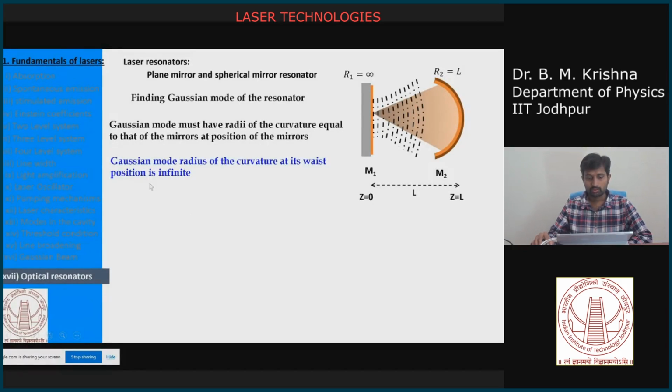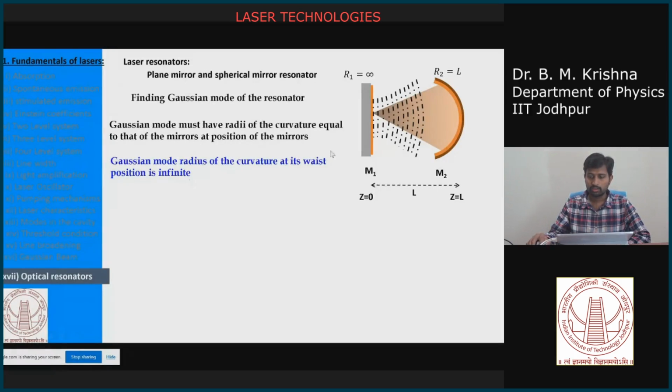So now, the Gaussian mode radius of curvature at its beam width position is infinite. We already know that from our previous session: the Gaussian mode's radius of curvature at the beam width is always that of a plane wave, so its radius of curvature is infinity.